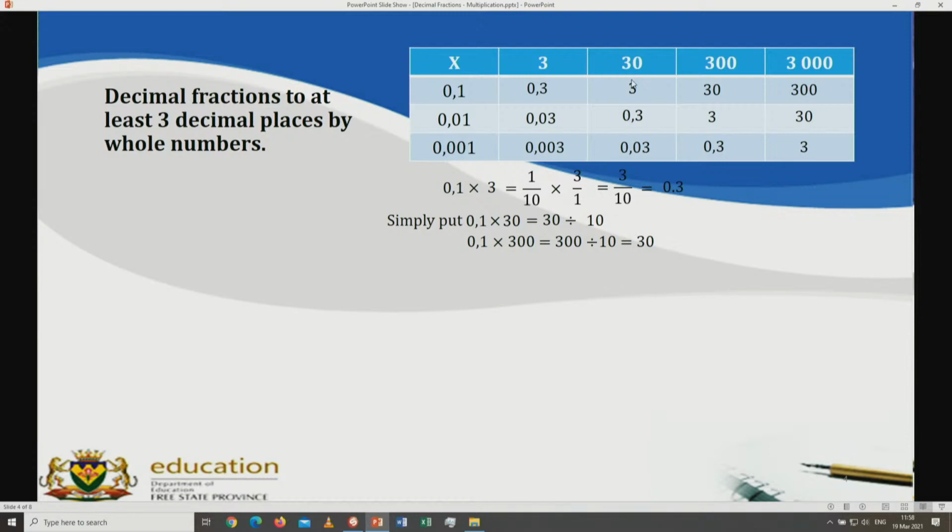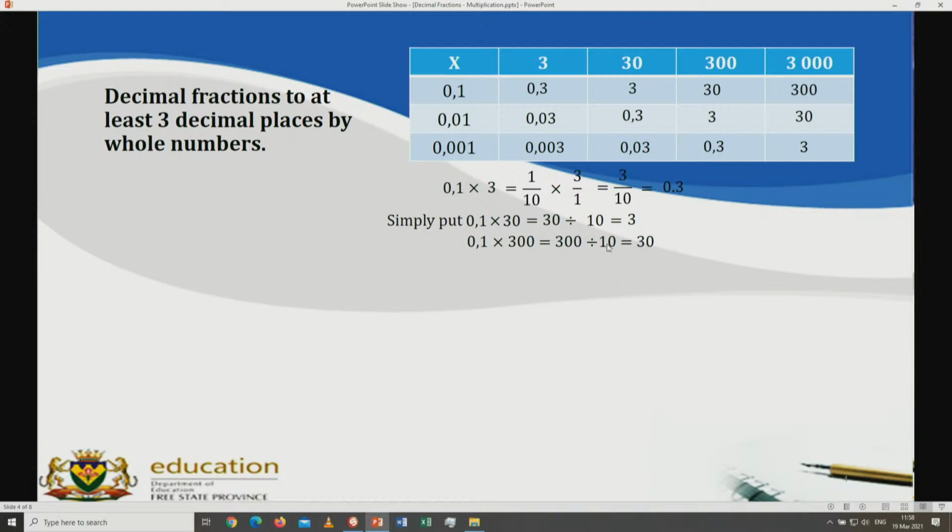It's going to give us 3. 10 into 30 goes 3 times. Yeah? And then there is the answer. And then 0,1 multiplied by 300 is the same as 300 divided by 10.